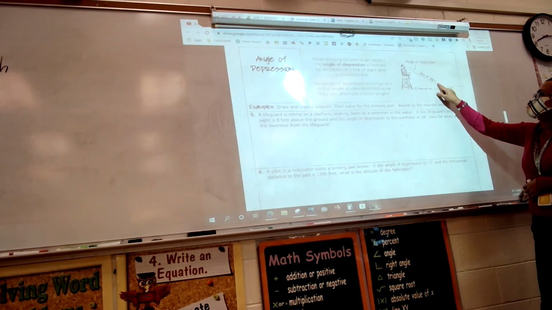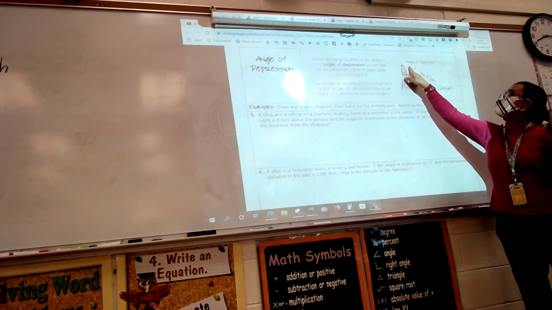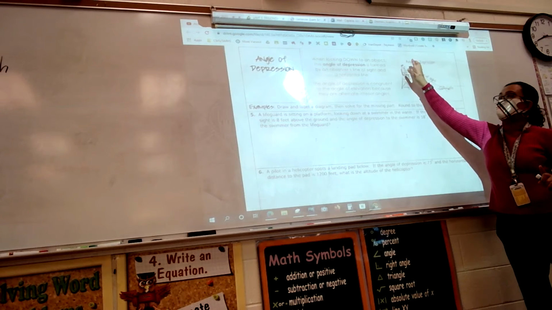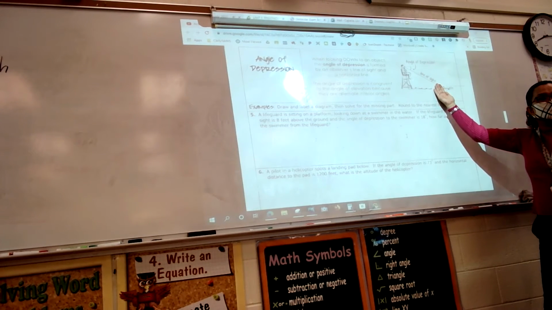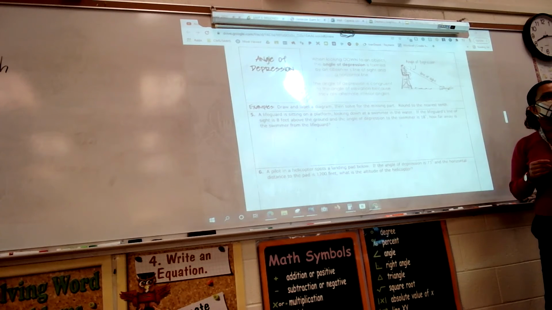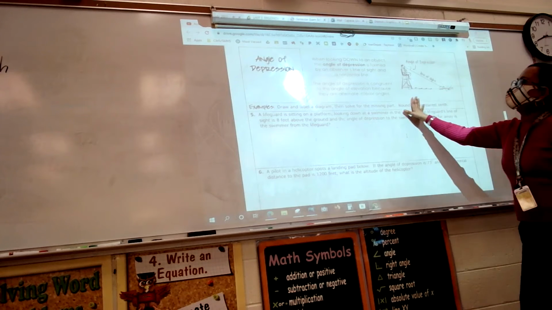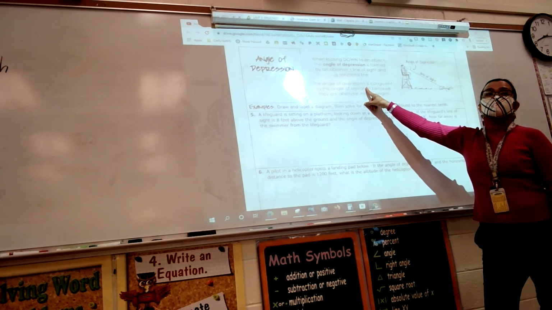reflected in this triangle. Because remember the transversal line, these two alternate interior angles are the same. So we can just copy whatever this is. Does it make sense? Later, I'll explain it. Now, the angle of depression is congruent to the angle of elevation.